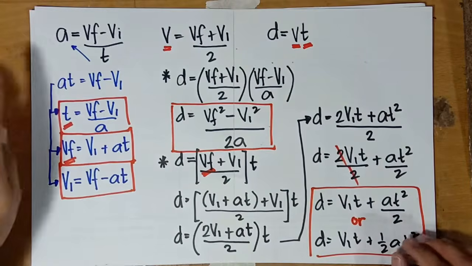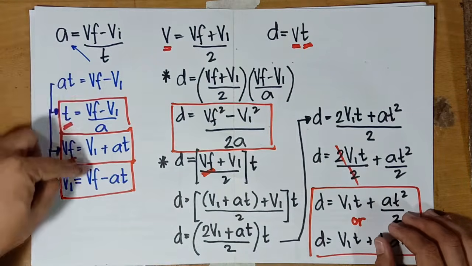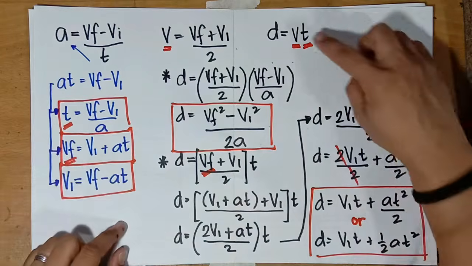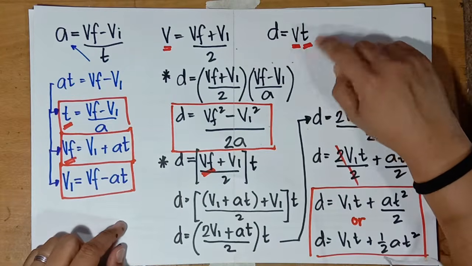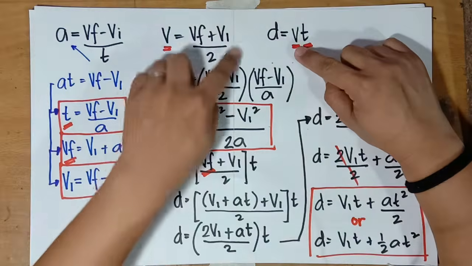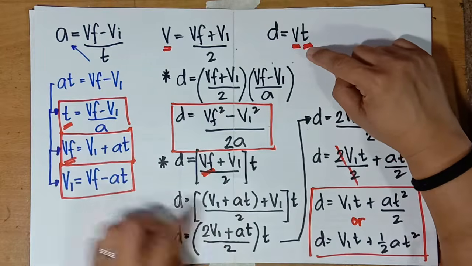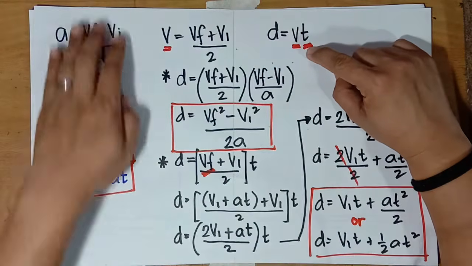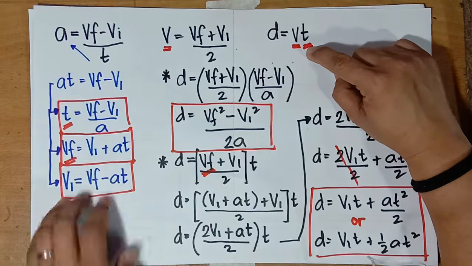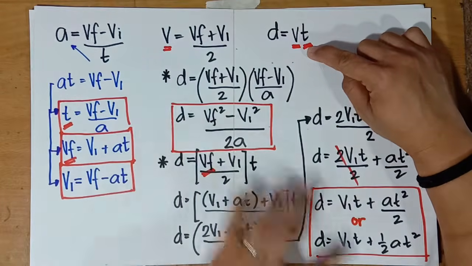So from a equals Vf minus Vi over time, you can get the 3 other formulas. And then from d equals vt, just manipulate the v and t here. So the first substitution for v is this one, and the substitution for t is this one. So that's why you should do this first, so you can derive the formulas of the 2 d's here.